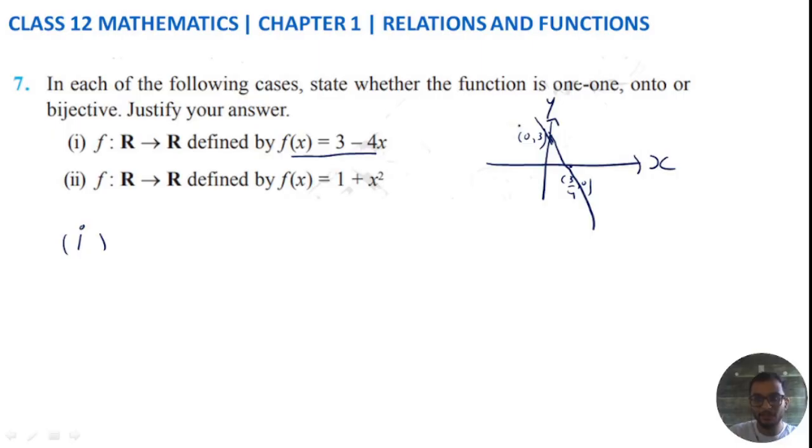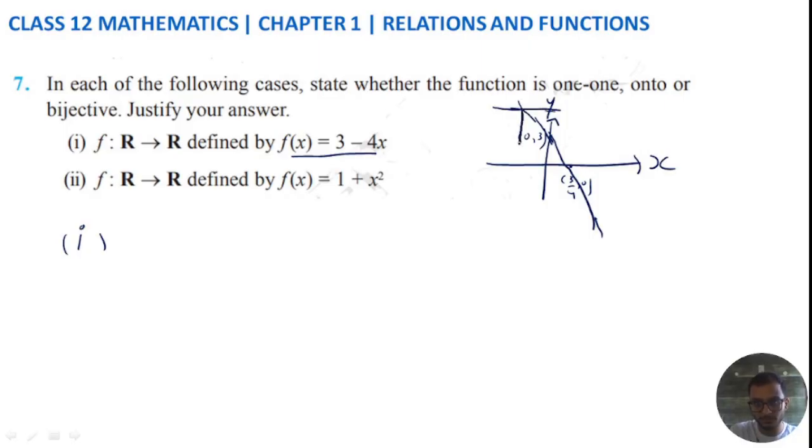When every point in the codomain has only one pre-image. That is, whatever point you take from the range, that means where the function is covering, any point you take from that. Suppose I am taking this point. There should exist only one pre-image for which this should be the function value.